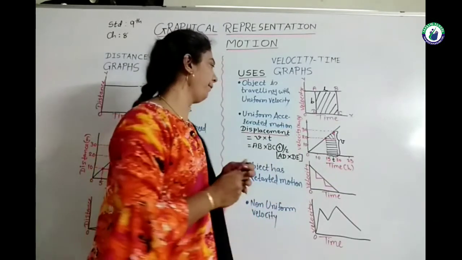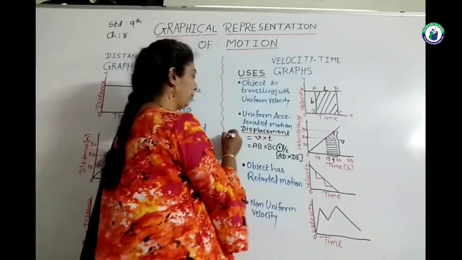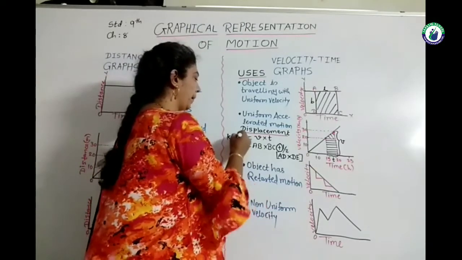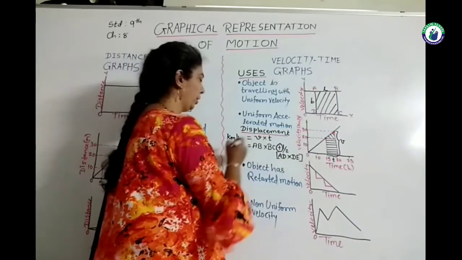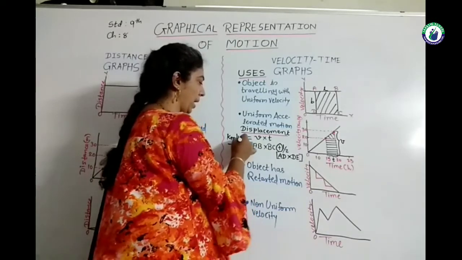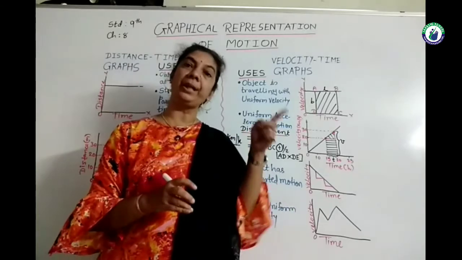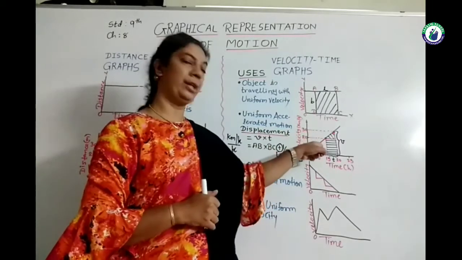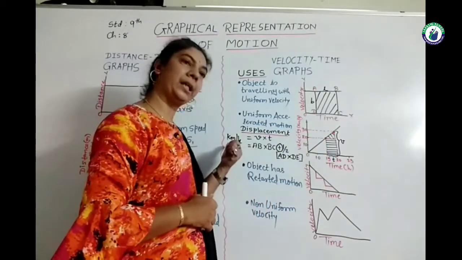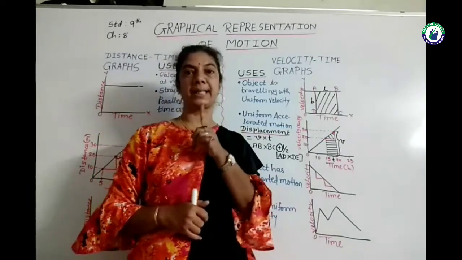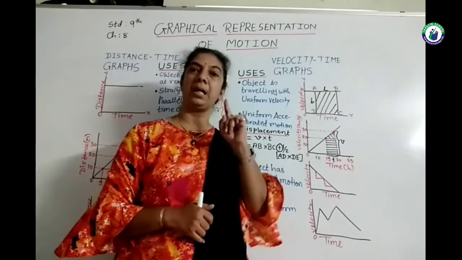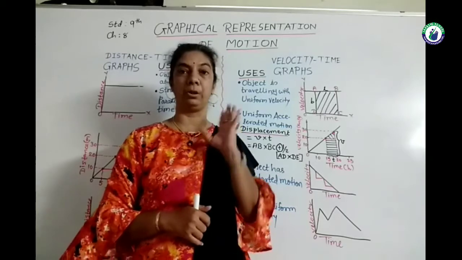We have velocity with the unit kilometer per hour, and here time is given in hours. So the hours will cancel. So the unit of the quantity which we can find with this graph is kilometer, or if the SI unit is asked, then the answer will be meter.